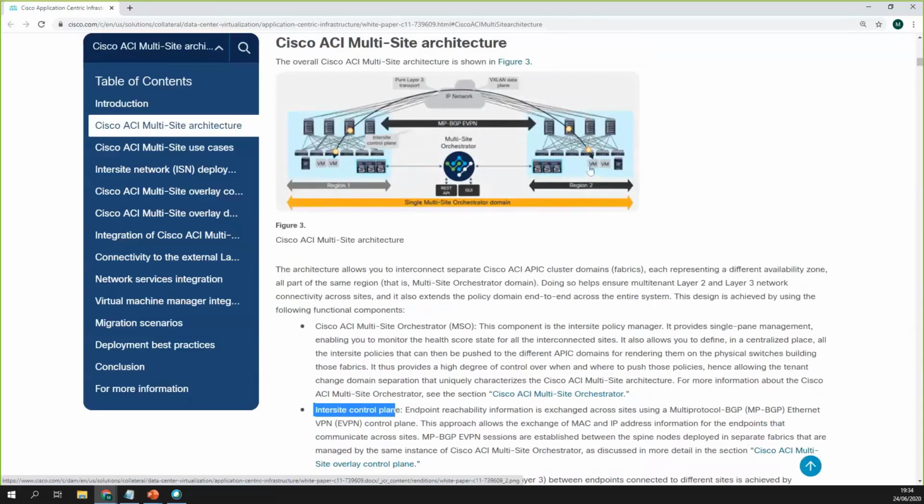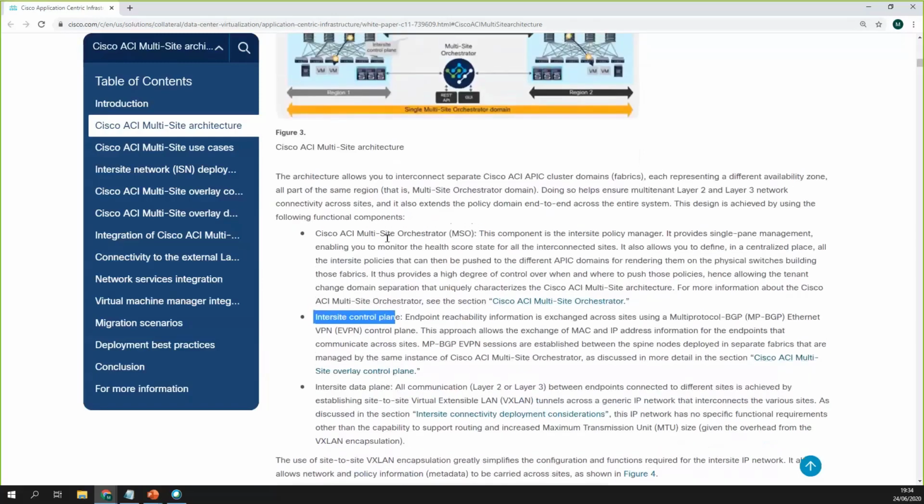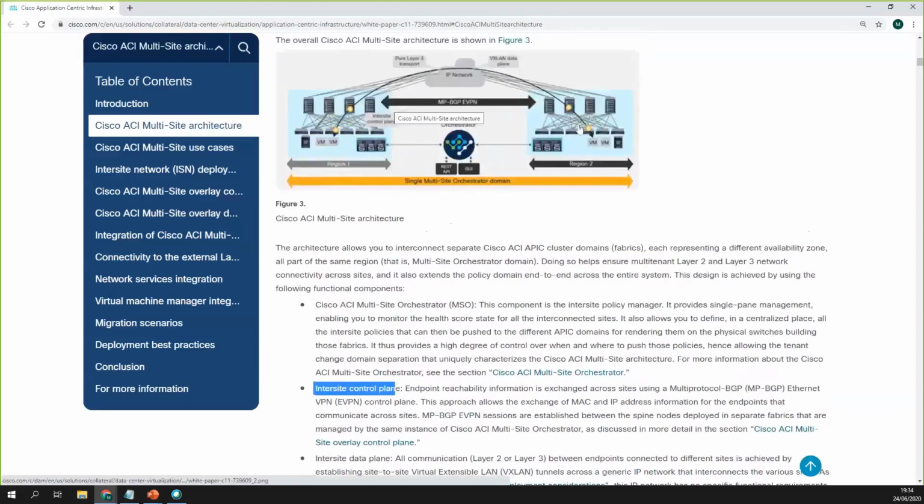The control plane identifies that, say this is VM2 and this is VM1. The control plane understands that VM2 is in this data center on the right, and the control plane understands that VM1 is on this data center on the left. And that's achieved by BGP EVPN host routes being propagated between the sites.